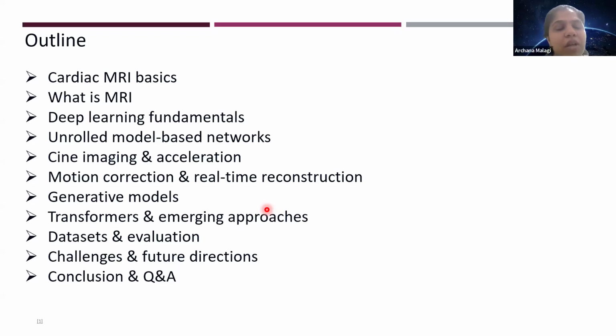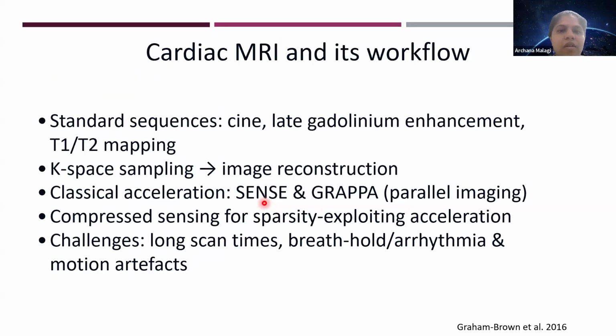And also, we'll be talking about the different open source models and open source data sets which are available on the internet. And there are different challenges and future directions which we'll be talking about in this presentation.